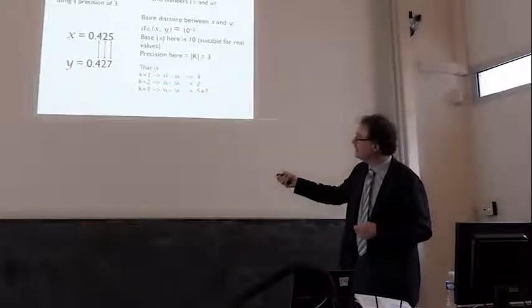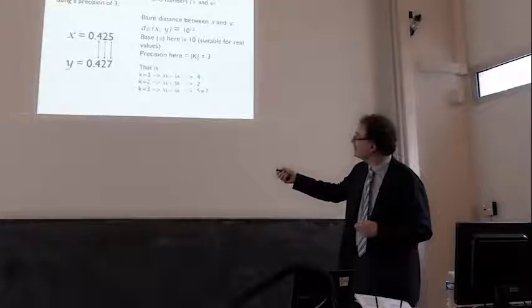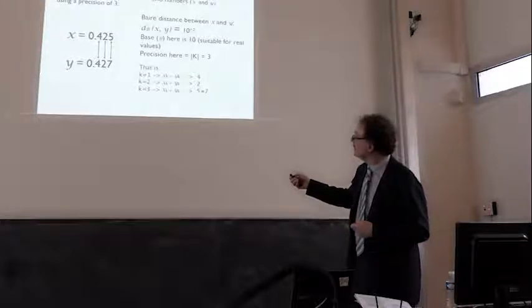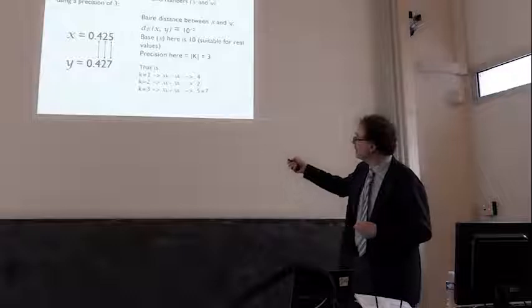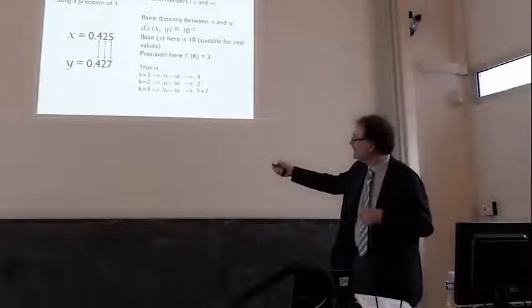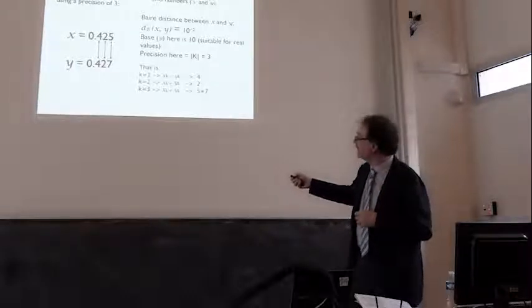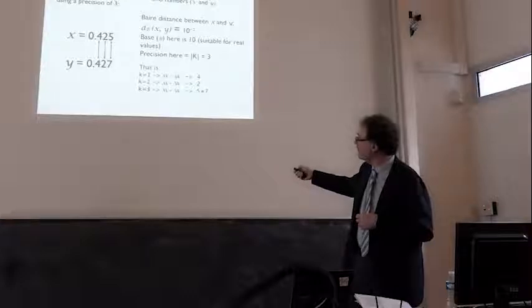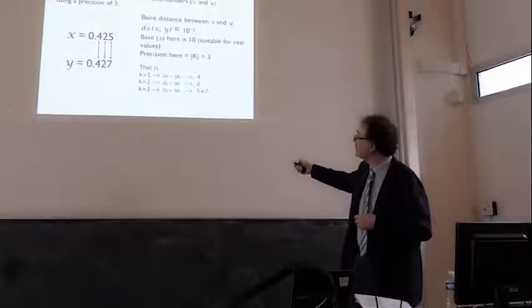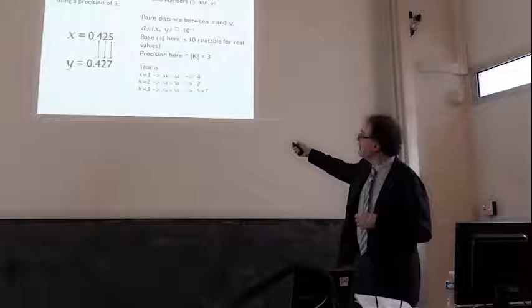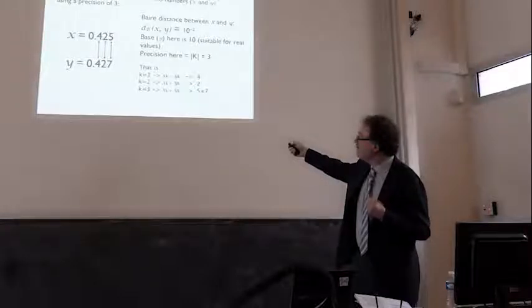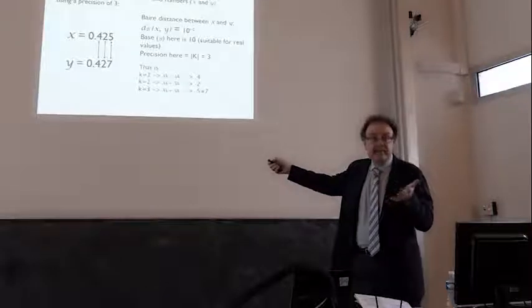They differ at the third digit of precision, so the overall digits of precision here, in this trivial example, happen to be 3. We then define the Bayer distance to some base.